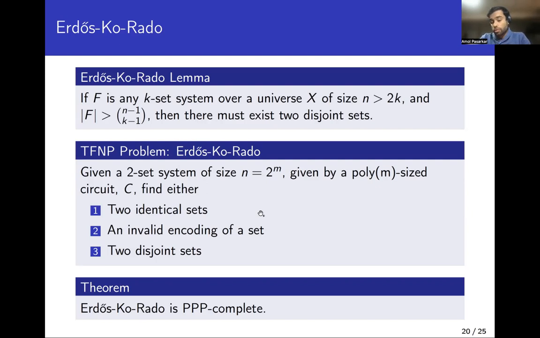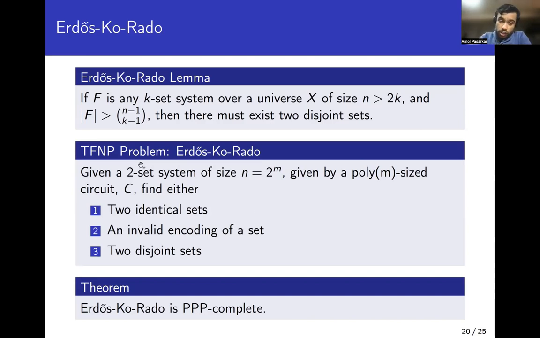And we can correspondingly formulate a TFNP search problem as follows. Given a k-set system consisting of more than n-1 choose k-1 sets, the problem is to find two disjoint sets if they exist, or if they don't exist, there must be a violation of some kind. The problem must be ill-formed. In particular, there should be either, for example, two identical sets or an invalid coding of a set.